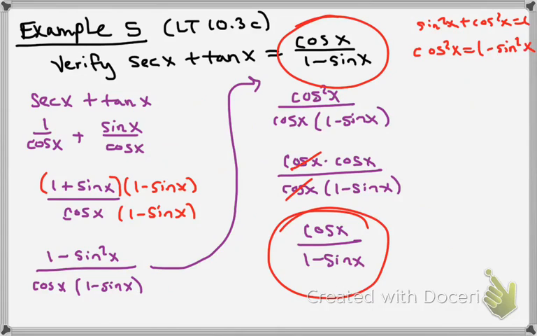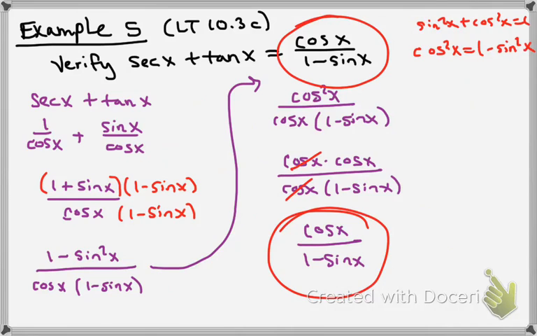Okay, so again, like I said earlier, you could have worked with the right side to get the left side by doing the conjugate first, and it still would have gotten you there, but it's up to you, whatever way you think looks easier. And with these problems, it's just a matter of trying.